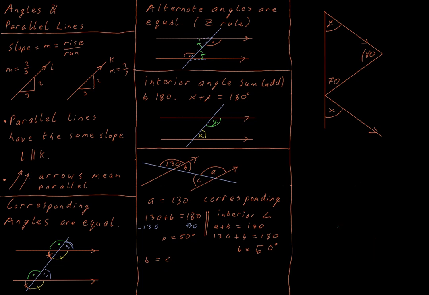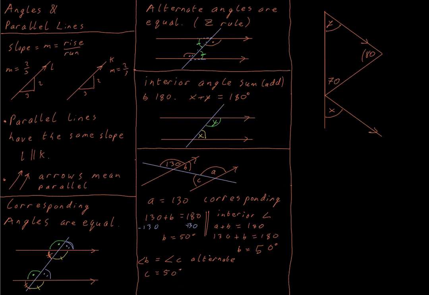Let me redraw that. Angle B equals angle C, they must be equal to each other because of alternate angles. That means that C must be equal to 50 degrees.